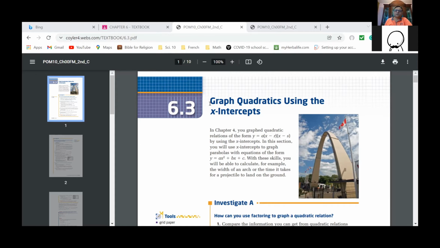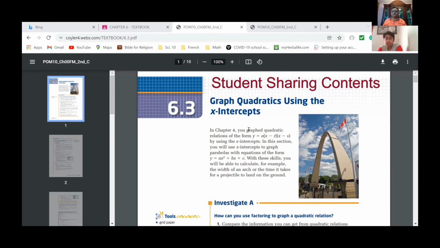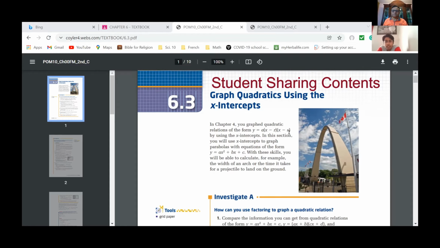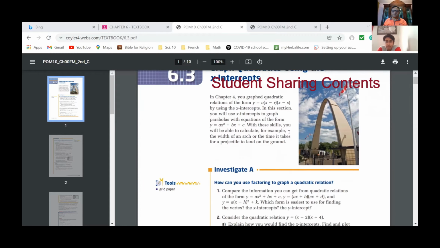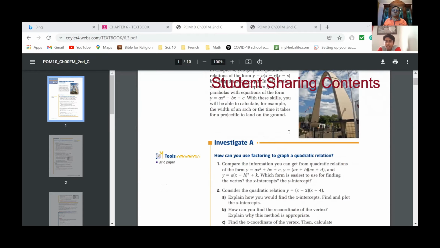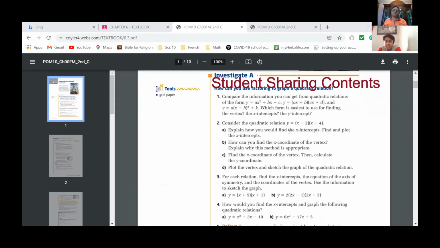Okay, sir. So, graph quadratics using x-intercepts, right? Yes, sir. Let's see the examples and the exercise. So this was related to using a(x minus r)(x minus s), sir.